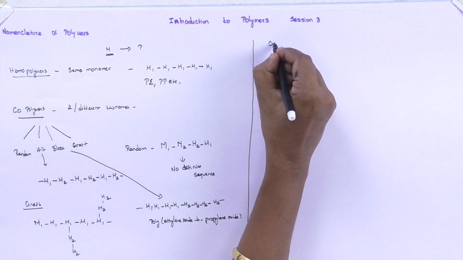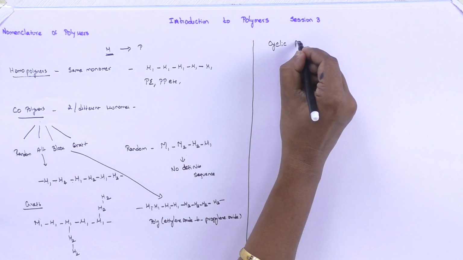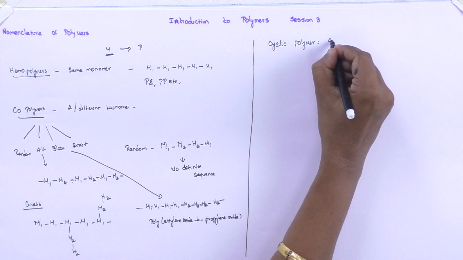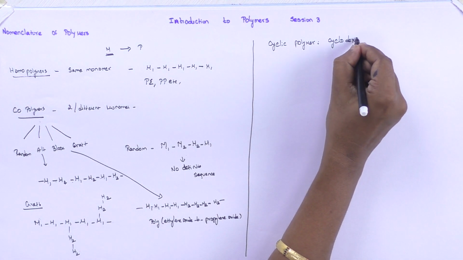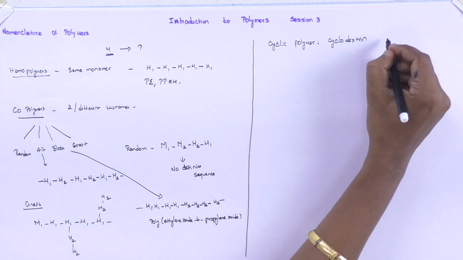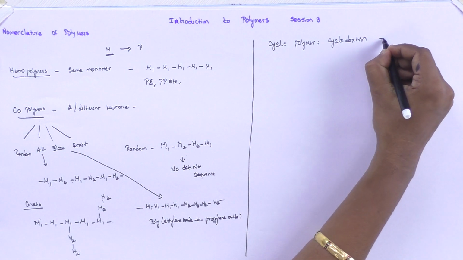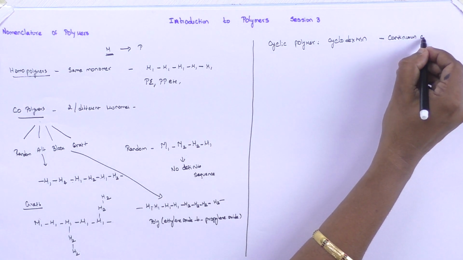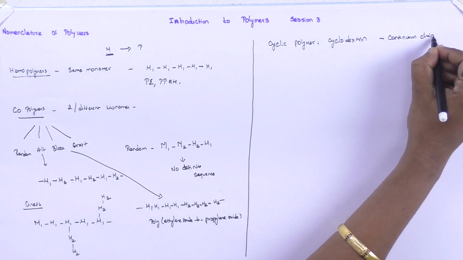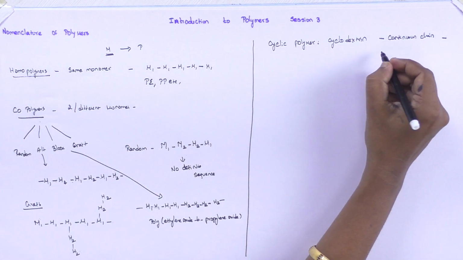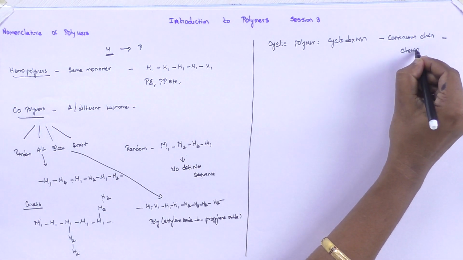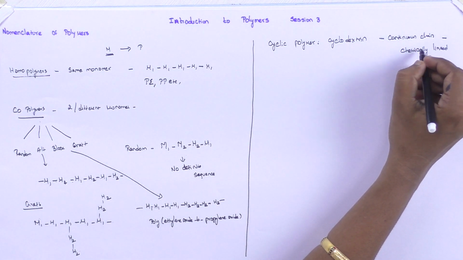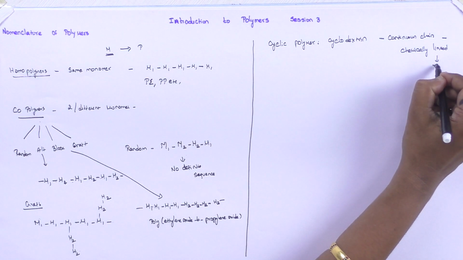And we also have cyclic polymers. One example of a cyclic polymer is cyclodextrin. It is a polymer that is a continuous chain of chemically linked monomer repeat units, and then they form a ring.